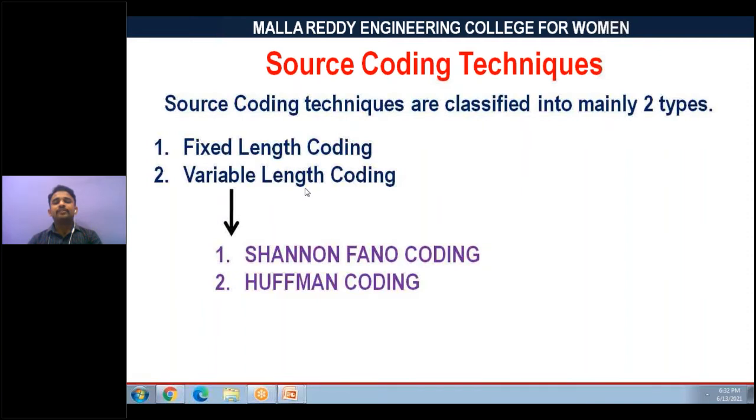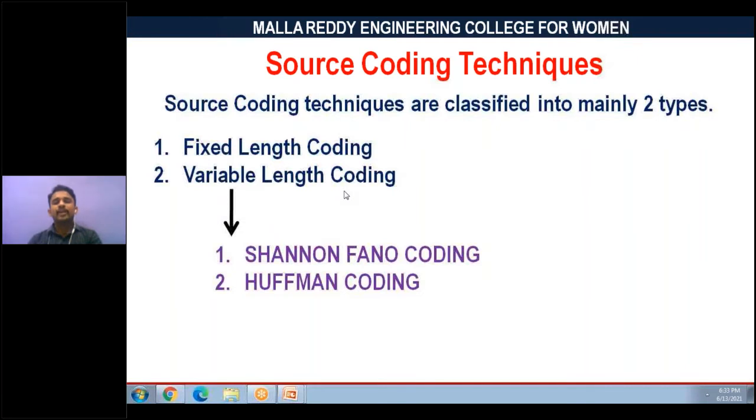Whereas in variable length coding, the code word size changes with respect to its probability of occurrence, that means its chance of occurrence. We have principles from information theory. If we send any message to carry some information, there is a dependency on its chance of occurrence.